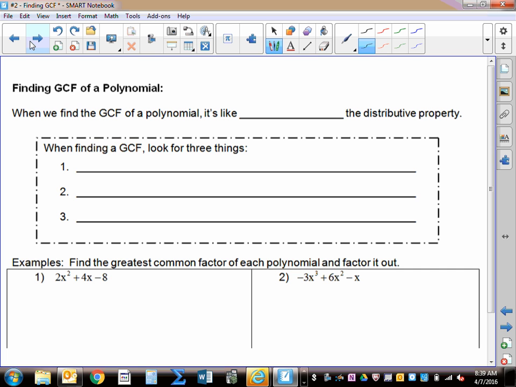So when we find the GCF of a polynomial, it's like undoing the distributive property. So let me show you what I mean by that. Let's say I had 2 times 3x plus 4. When I distribute this out, what do I get? 6x plus 8.